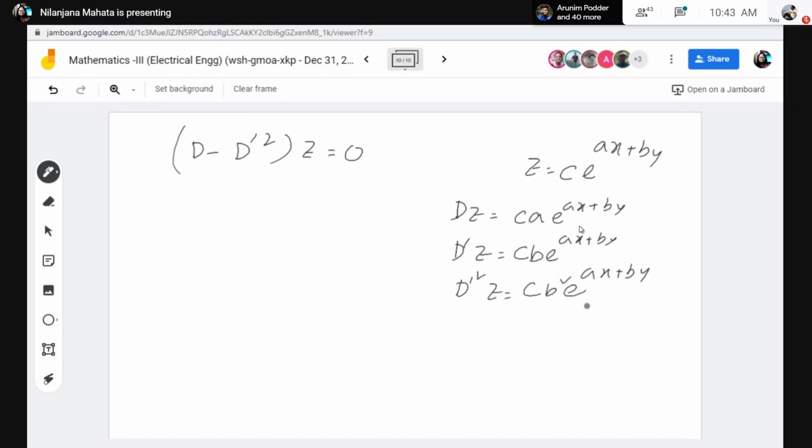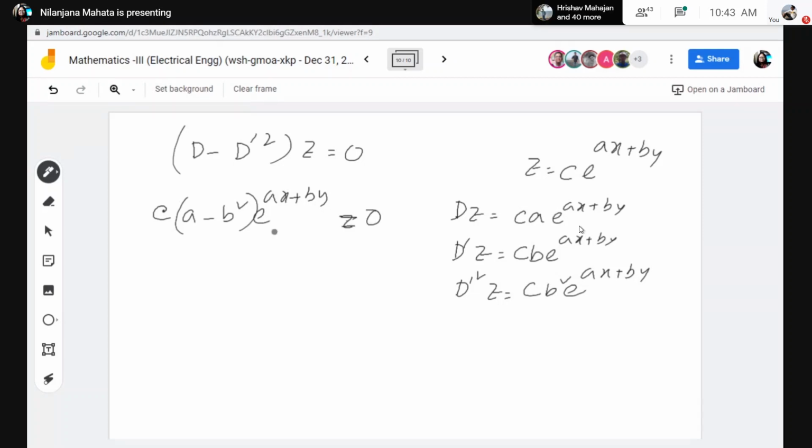I am just taking the steps, otherwise you can directly apply this. So taking c common, there will be a minus b square times e to the power ax plus by is equal to 0.